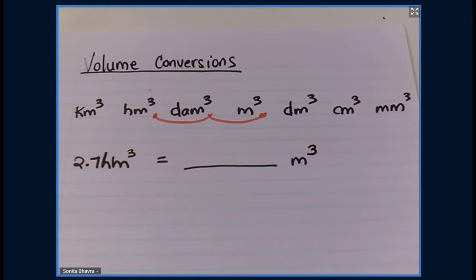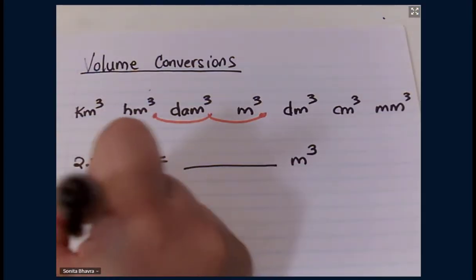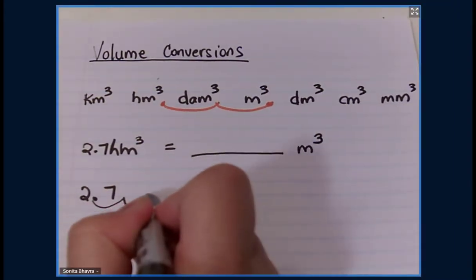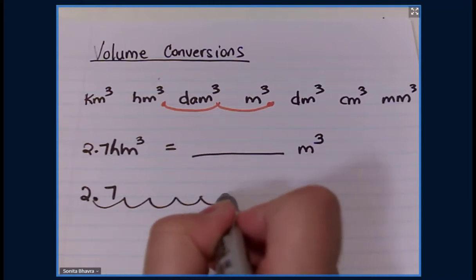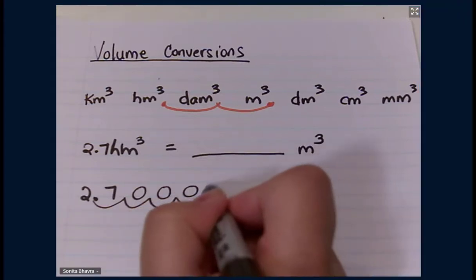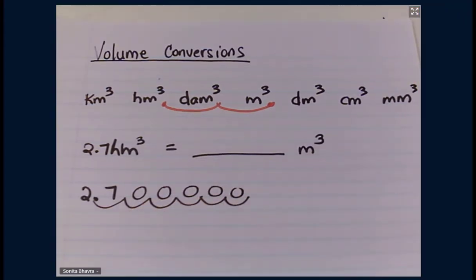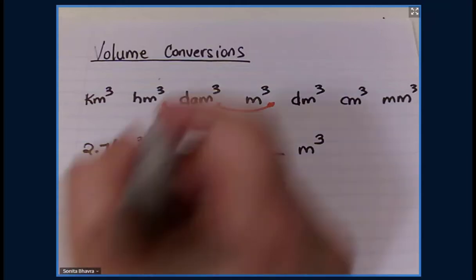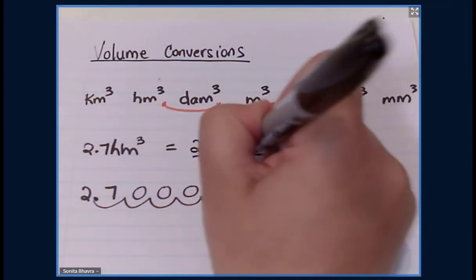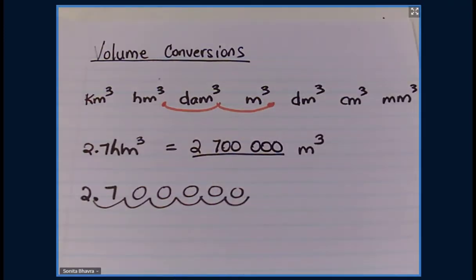So we're actually going to be moving 6 steps when we move our decimal place here. I'm just going to show that like this, and we're moving 6 steps to the right. So 1, 2, 3, 4, 5, 6, and then we're just going to fill that in with zeros. All right, so we end up with 2,700,000 meters cubed.